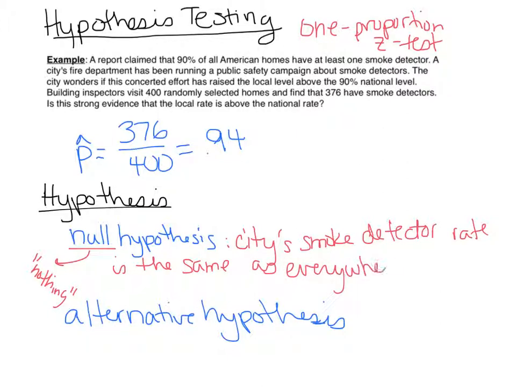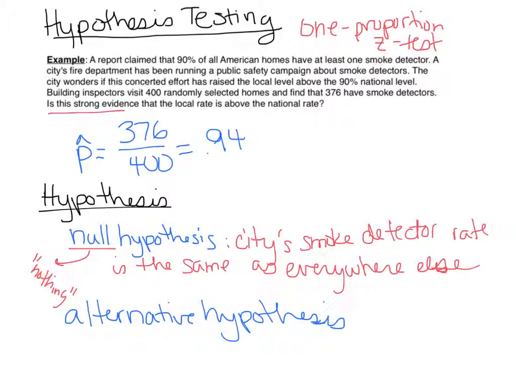So you don't need to write this out in words every time. However, when you're first learning these, I think it's a good idea to write out the hypothesis just so you can think about what it is that you're actually looking for. Your alternative hypothesis is kind of what you're hoping. So usually when you have a question like this, they'll ask you something like, is this strong evidence or is there evidence?